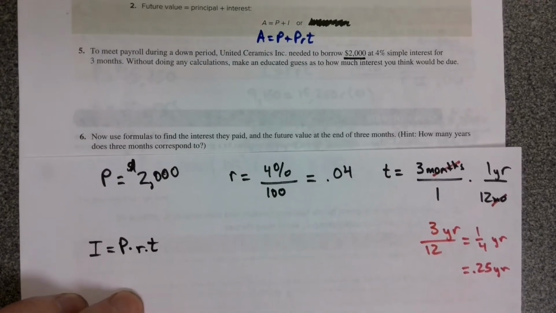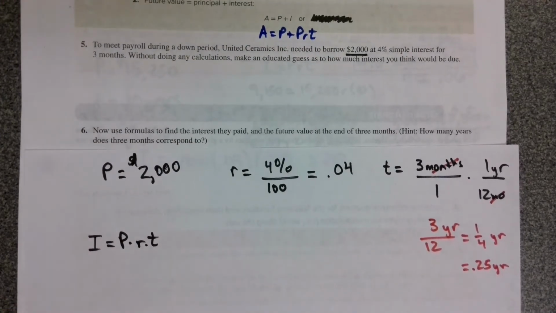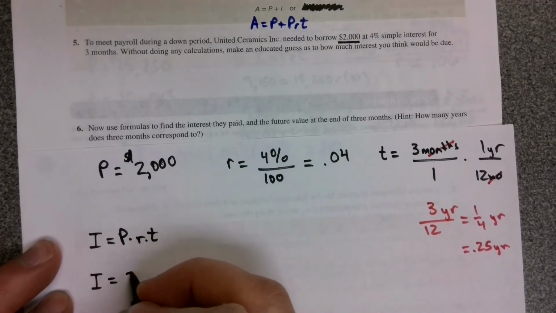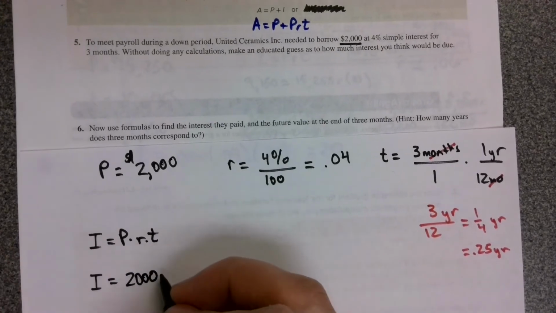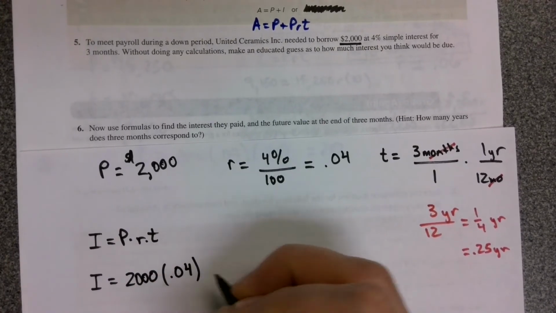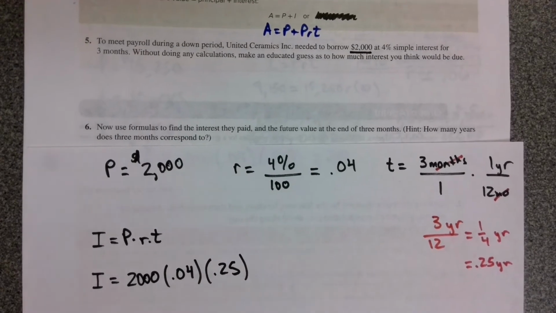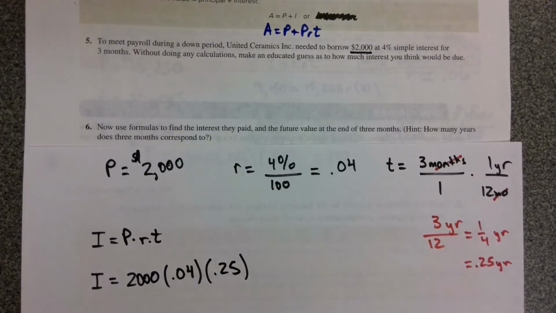So when I want to calculate the exact amount of interest that this company will owe, I simply input those 3 numbers, the $2,000 that they borrowed, the interest rate of 4%, 0.25 of a year, and then I calculate. So I will grab my cell phone calculator and demonstrate using Desmos, which I hope you all are big fans of.